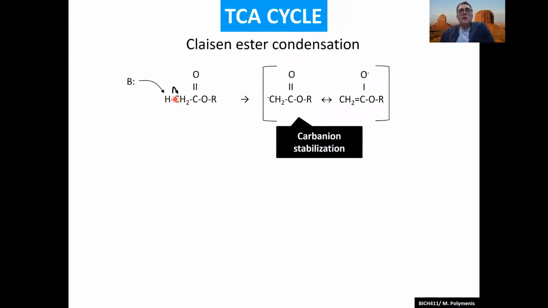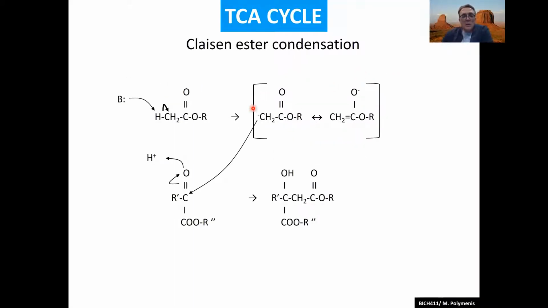And the problem with the carbanion, as before, is that it has to be stabilized. So in this case, it can bounce on the ester bond back and forth. You have the double bond here, and the carbonyl moves up, and so on and so forth. So you do have the carbanion stabilized because you have this extra way to push the electrons.